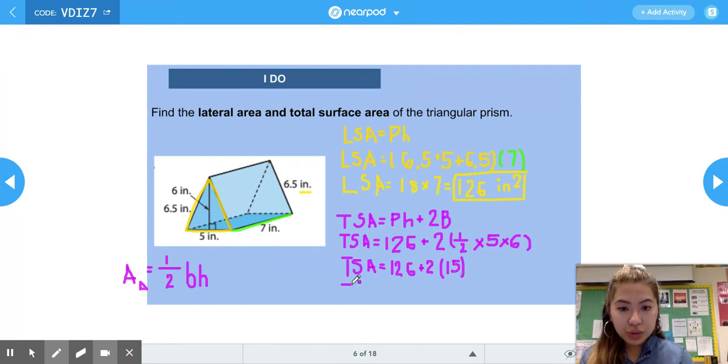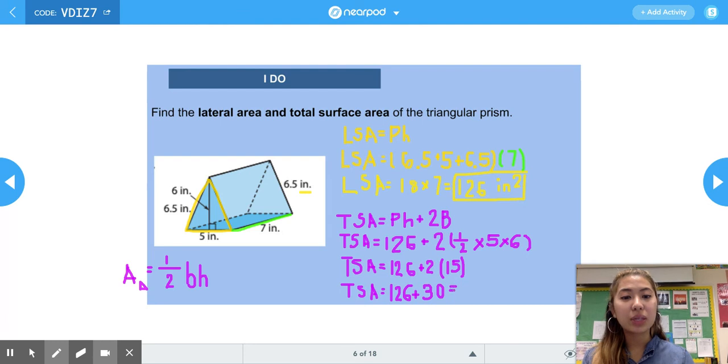And then 126 plus 15 times 2, which is 30. So 126 plus 30 is 156. So our total surface area, including the units, is 156 inches squared.